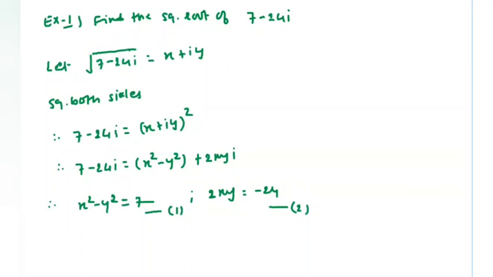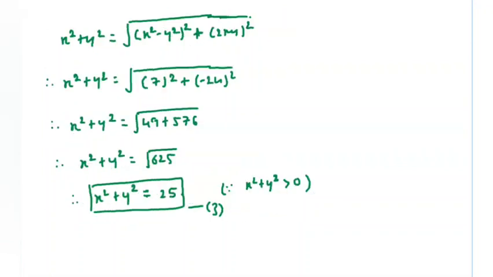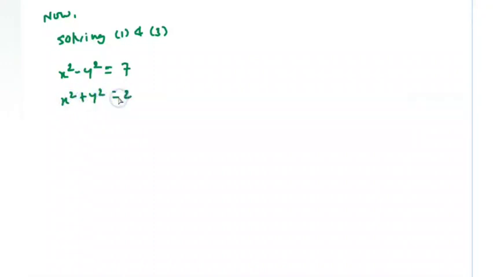Now we will solve equations 1 and 3 to find the values of x and y. Equation 1 is x square minus y square is equal to 7. Equation 3 is x square plus y square is equal to 25.